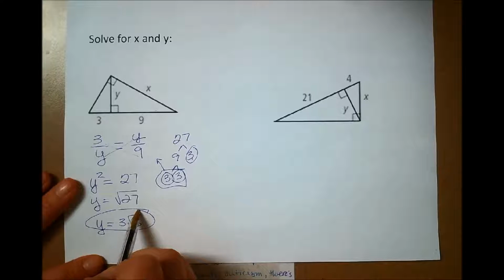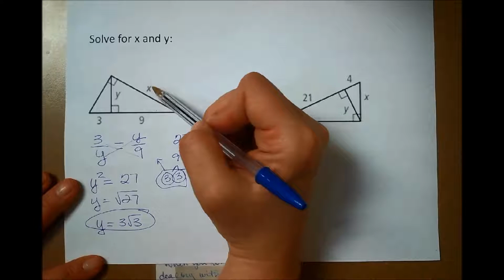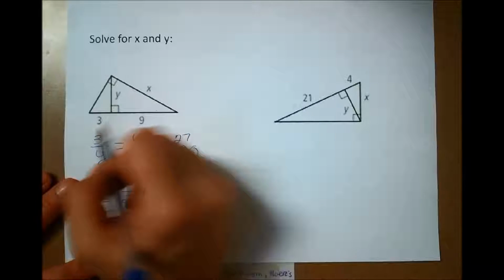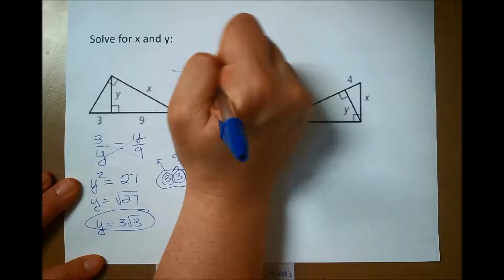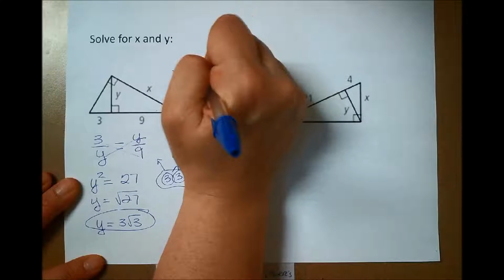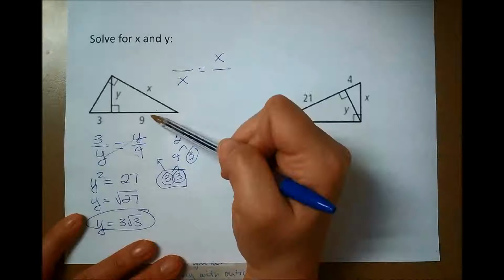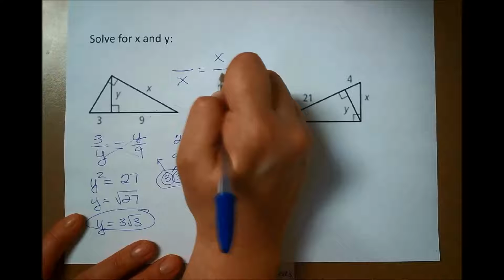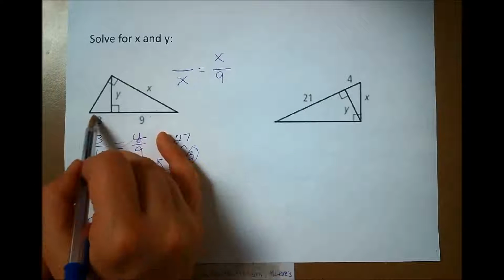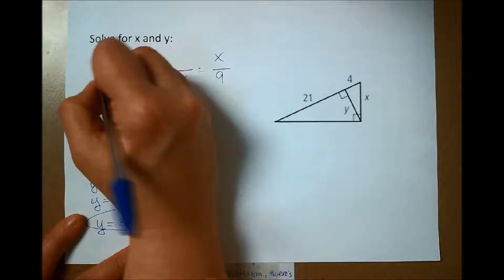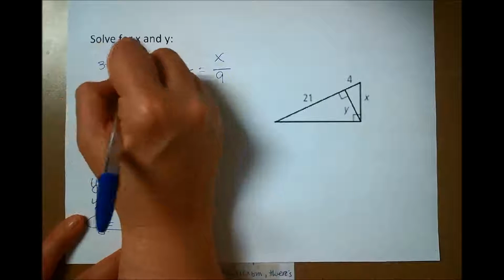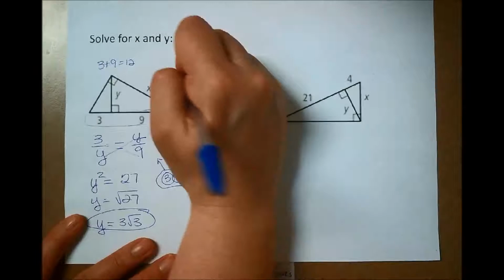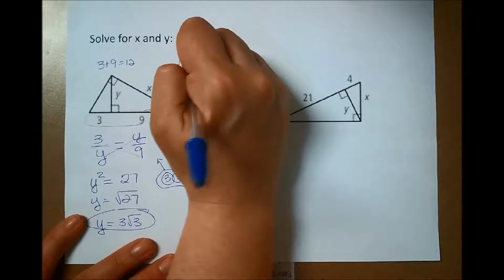Now, to figure out x, you take x and put that in the geometric mean spot. And then this 9 is closest to x, so that is one of the empty spots. And then you have to take the whole length and say 3 plus 9 is 12. So 12 goes right there.